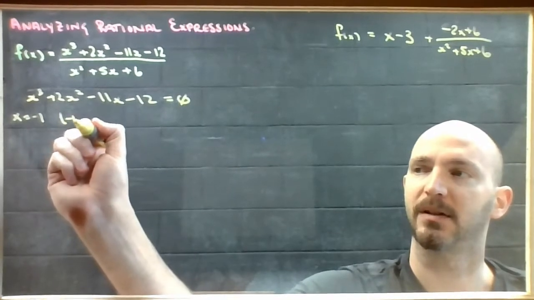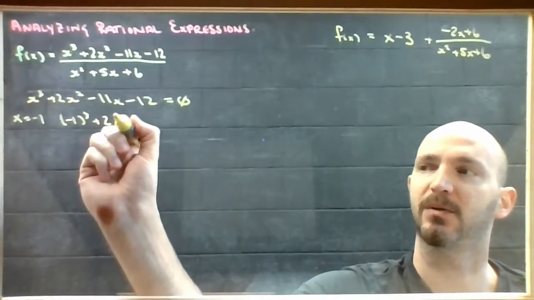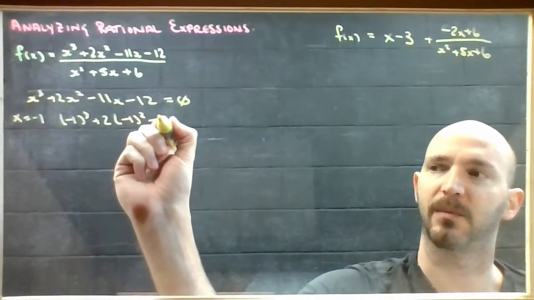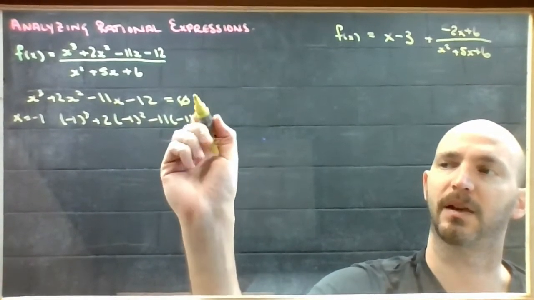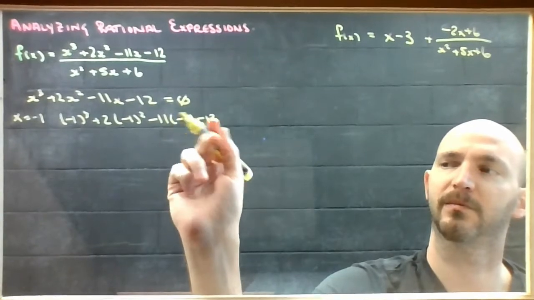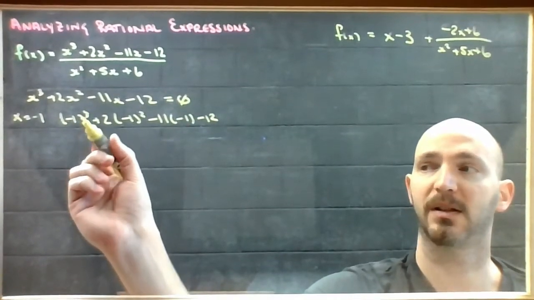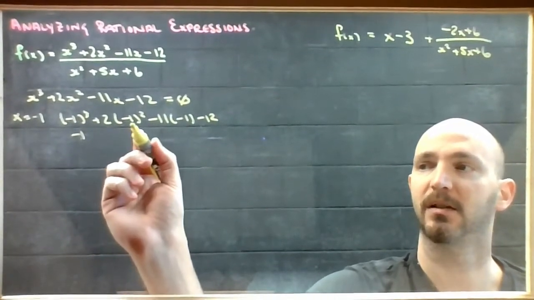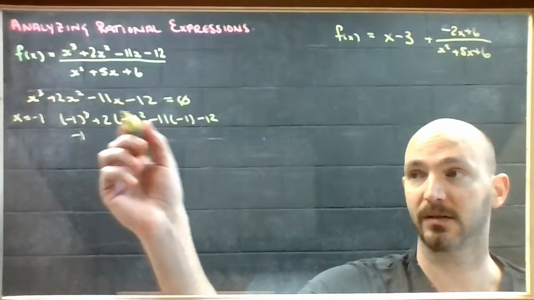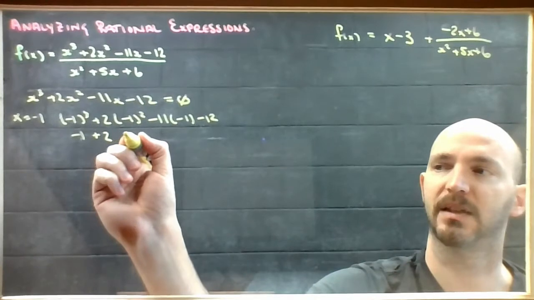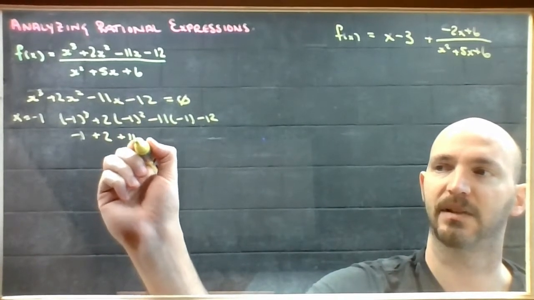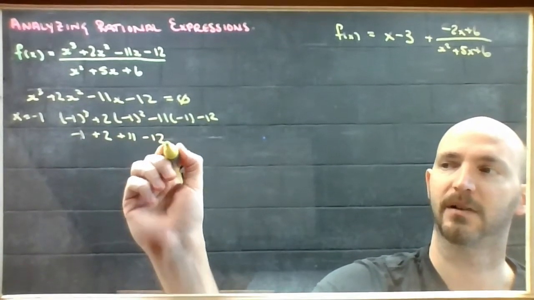So minus 1 cubed plus 2 times minus 1 squared minus 11 times minus 1 minus 12. So minus 1 cubed is just minus 1. Minus 1 squared is 1 times 2 would be 2. Minus 1 times minus 11 is positive 11 and negative 12 here.